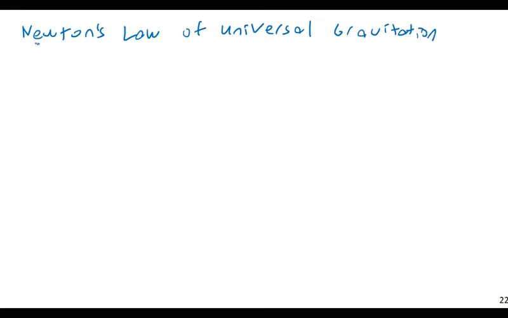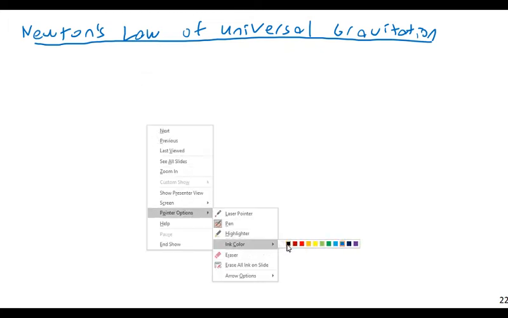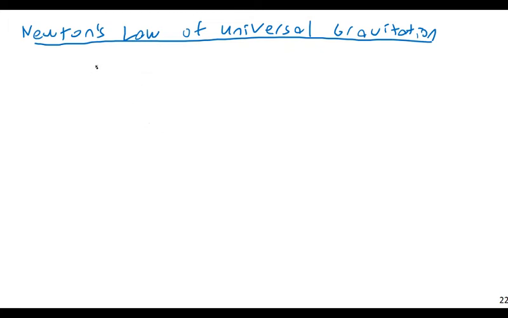Law of universal gravitation. So F is going to be equal to G m m over r squared. Now I could say m1, m2, and that would be very true, although usually this is configured for the case of one mass much larger than the other.